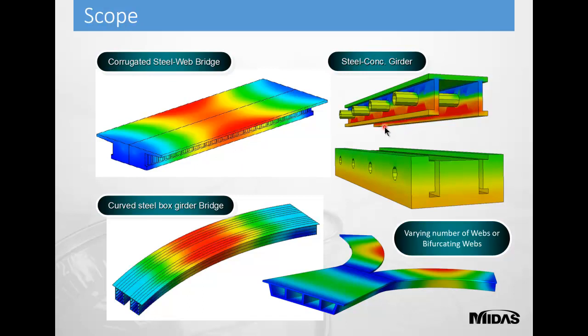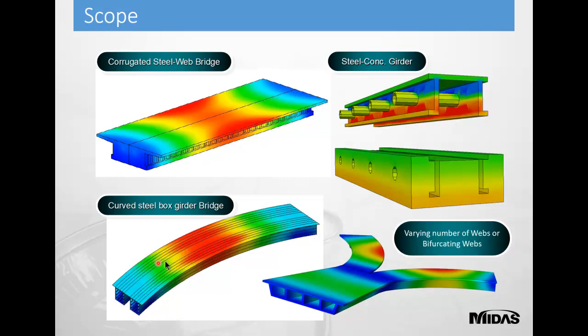It can be modeled in Civil also, but it is limited to the major types of composite section. When it comes to a complex steel concrete girder, we have to model it in MIDAS FEA, and some detailed results are also required, which can be obtained from MIDAS FEA. Next you can see a curved steel box girder.